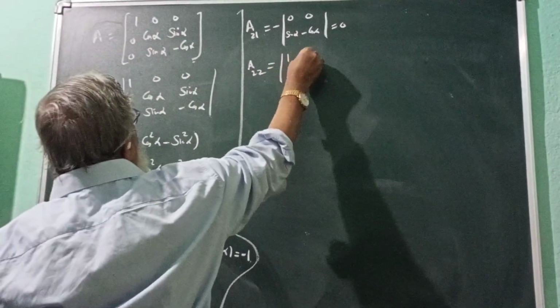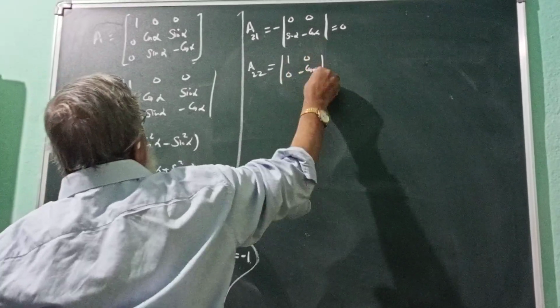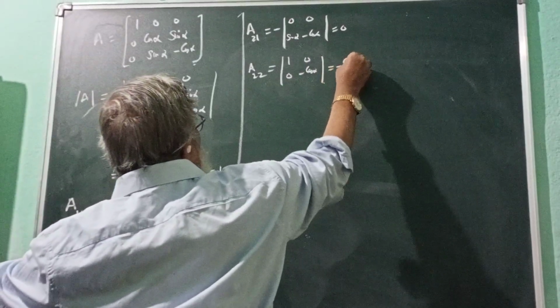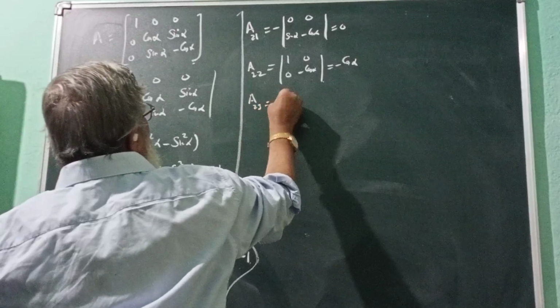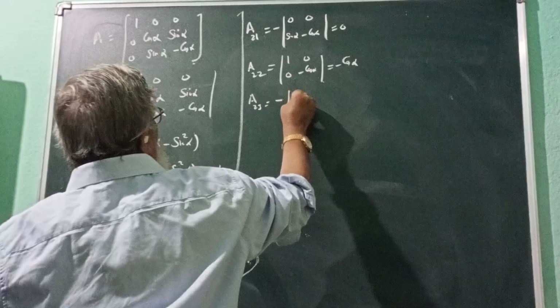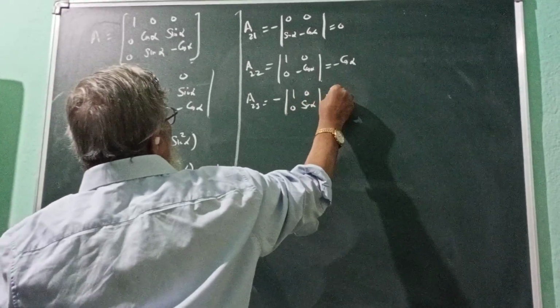So 1, 0, 0, minus cos alpha, so it is minus cos alpha. Then the second row, third column: the sign is minus. It is 1, 0, 0, sin alpha, that is minus sin alpha.